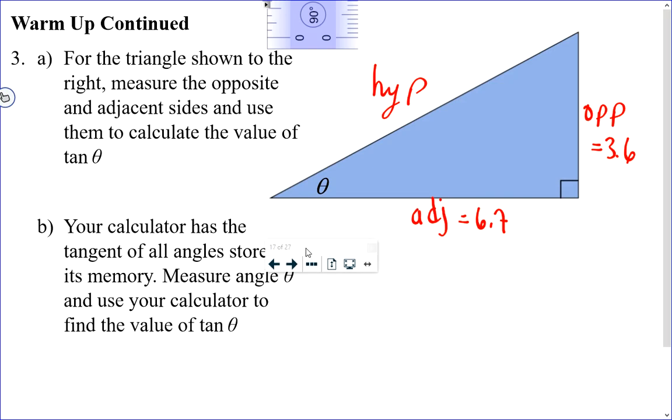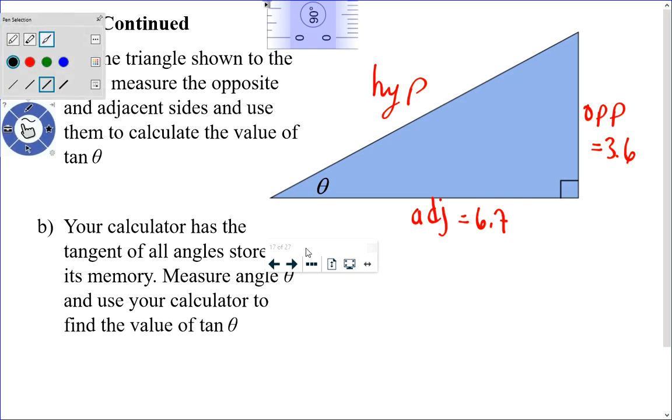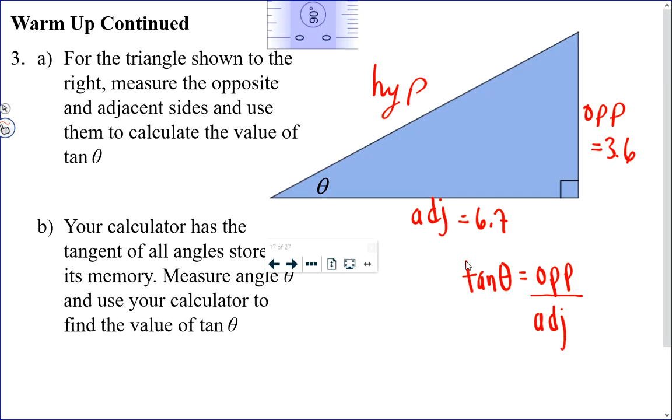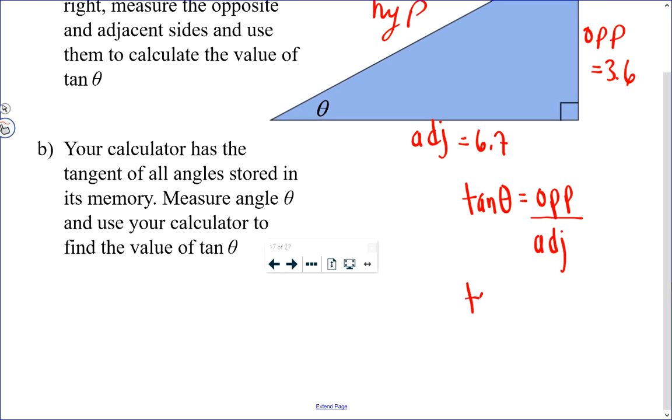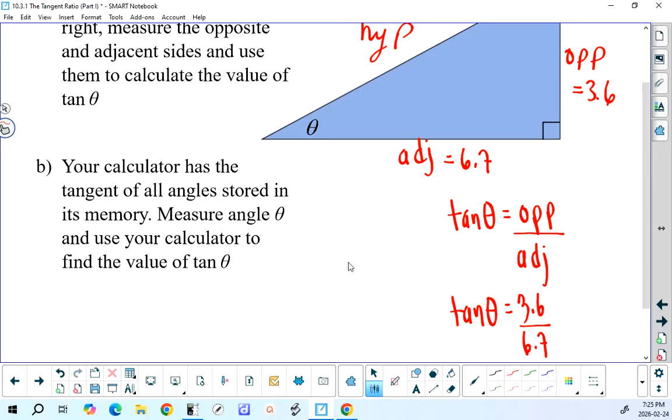So we're asked to measure that and calculate the value of the tangent of theta. So let's see. Tangent of theta is the opposite side length, and this, by the way, is on a formula sheet for you, you don't have to memorize it, over the adjacent. So that means tangent of that angle in that diagram is 3.6 over 6.7. So tangent of theta, according to our measurements, well, we need a calculator.